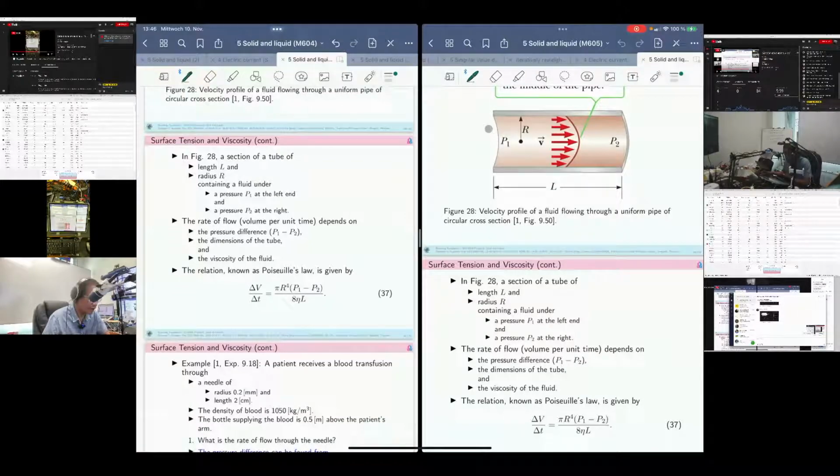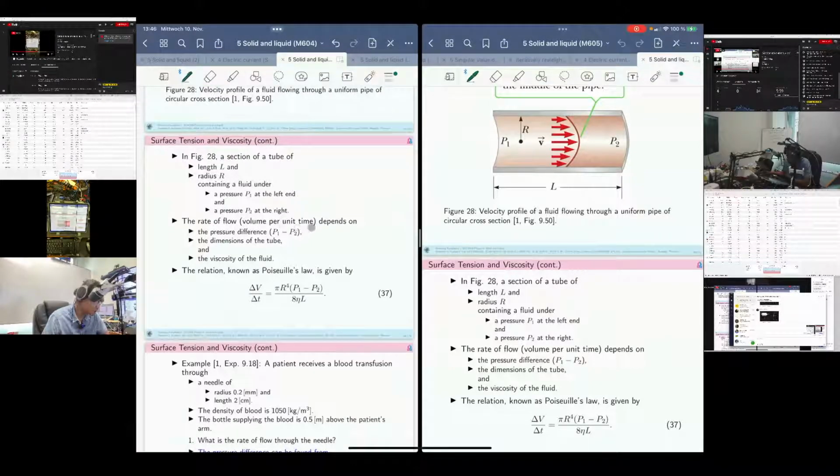Here we have P1 and a pressure P2 on the right. On the right side we have P2. On the left side we have P1. This is the measurement of R.